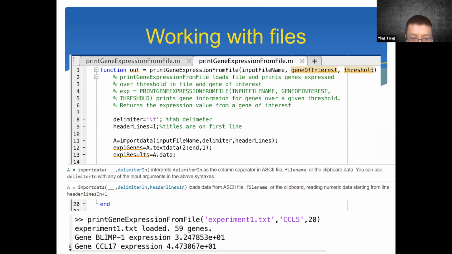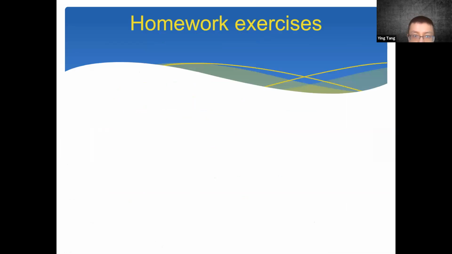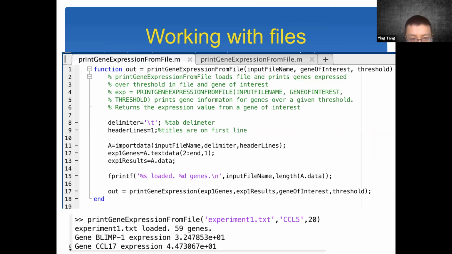We use function inside function. Of course, this is the answer: we just call the previous function we wrote before, and then we use the current function to give the input file.